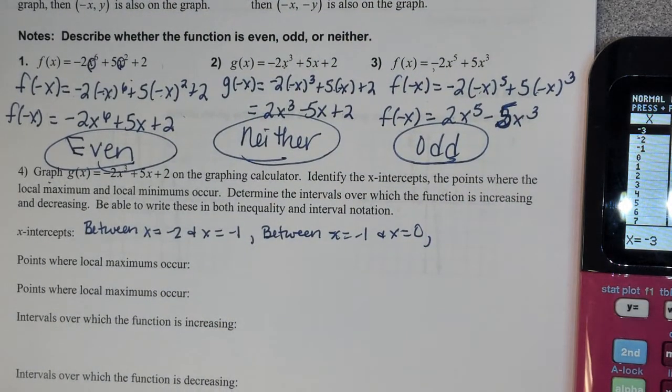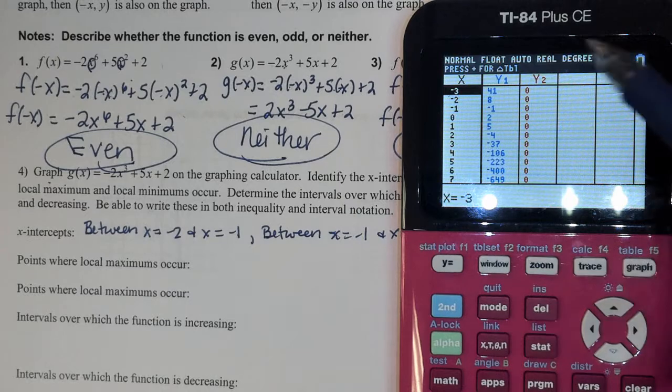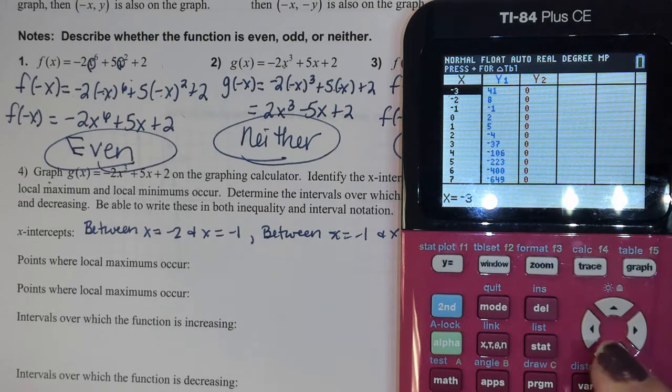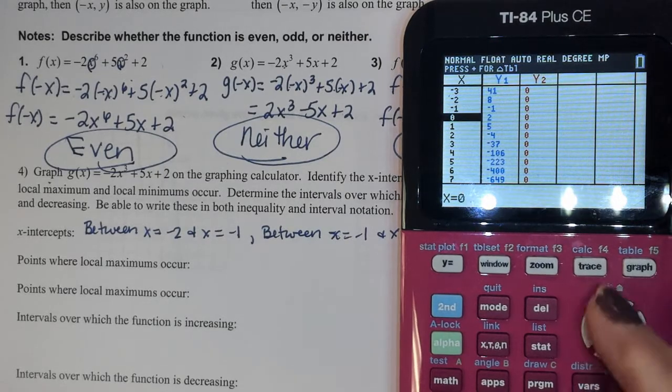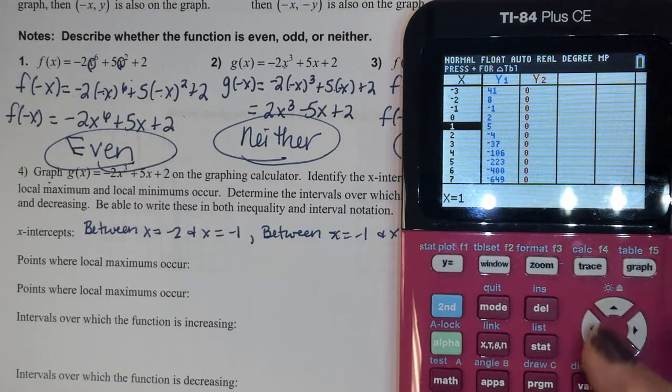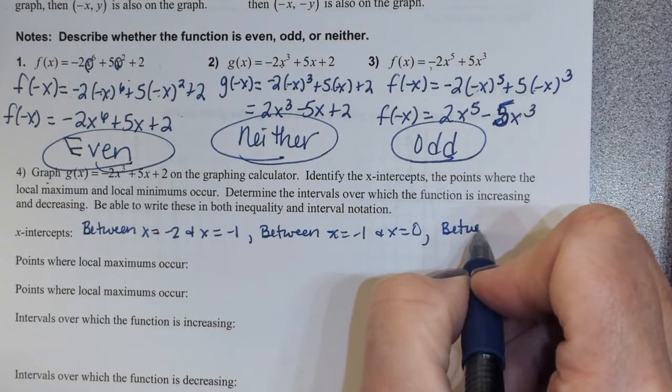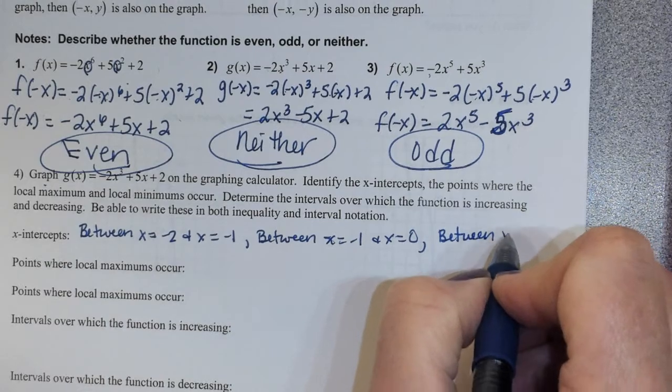And then also right there, sorry, you guys can't see that. See what I did? That went positive to negative. So in between those two x's, and in between these two x's, and lastly in between these two x's, so in between 1 and 2. And I'm also going to find them exactly. I want to show you that.